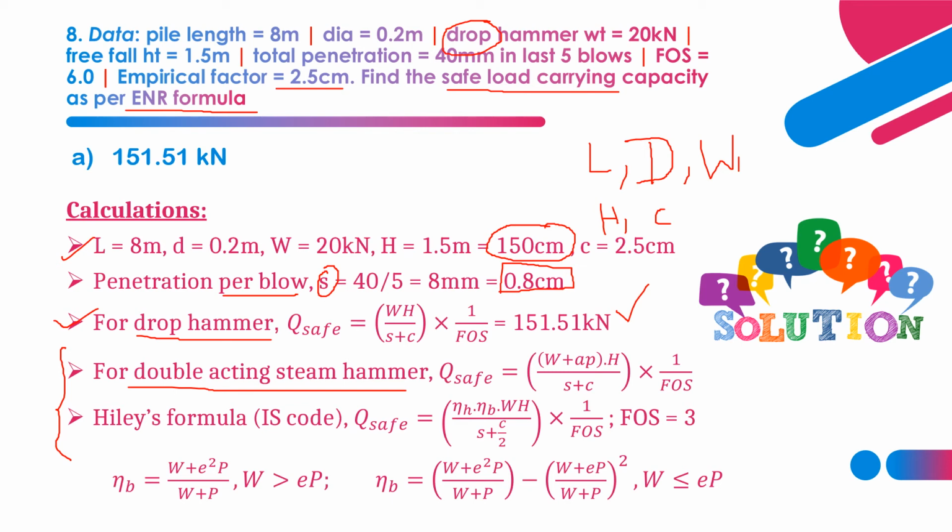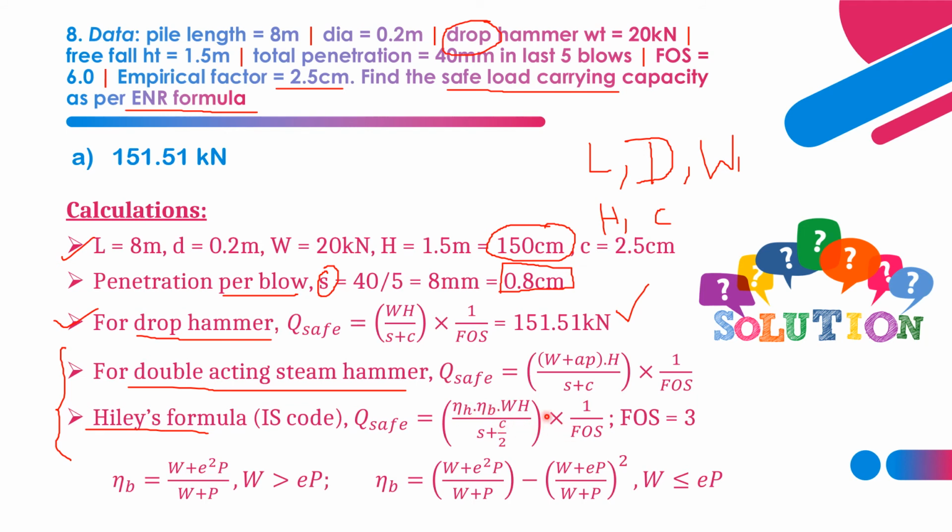What is the other formula? Another important one, Hiley's formula. This formula is adopted in the IS code, and it goes like this: eta H, eta B, WH by (S plus C by 2). Here C by 2 is used. Eta H is the efficiency of the hammer, and eta B is the efficiency of the hammer blow.